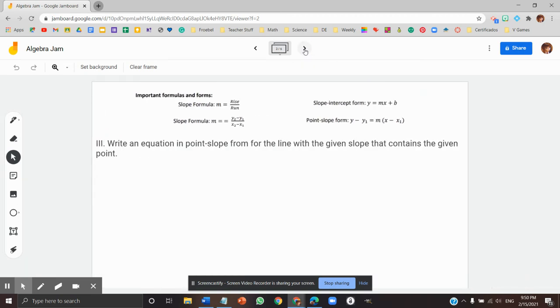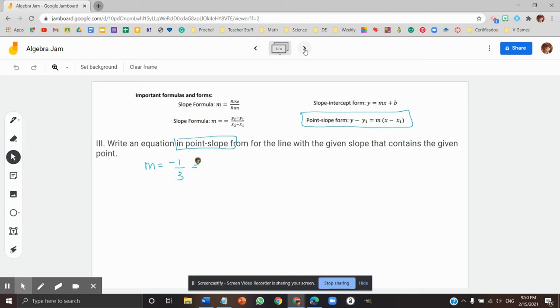Now on part 3, it says to write the equation in point-slope form. This is this one right there. For the line with the given slope that contains the given point. So let's say that I'm going to give you a slope, for example, negative a third.